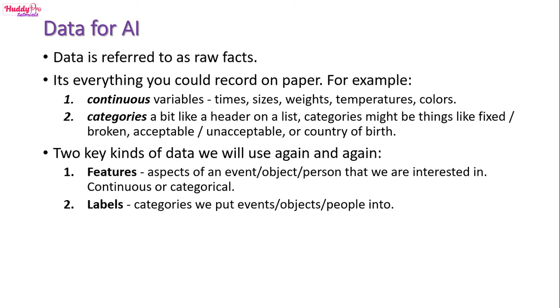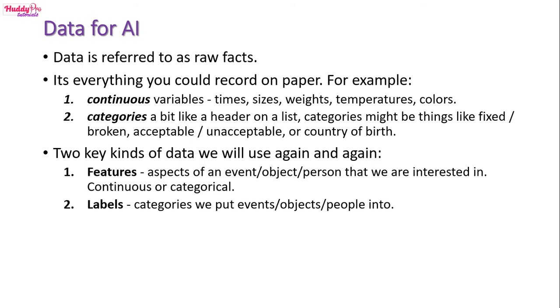Or it can be in the form of categories. For example, categories might be fixed or broken, acceptable or unacceptable, or country of birth, like my country, Uganda, and other countries, and so on.